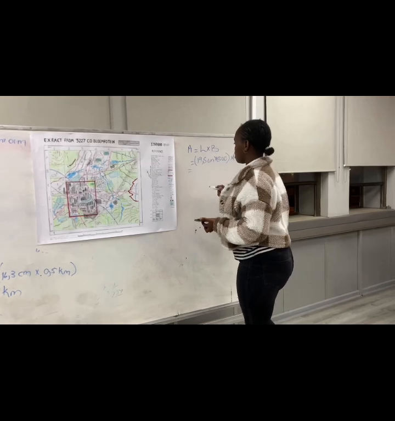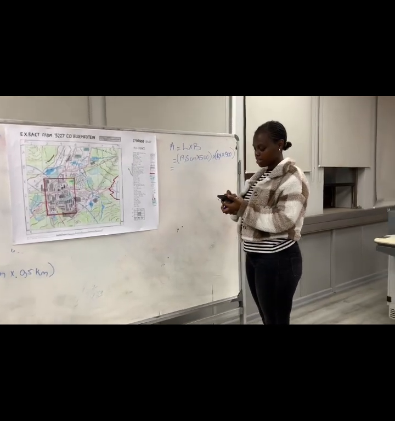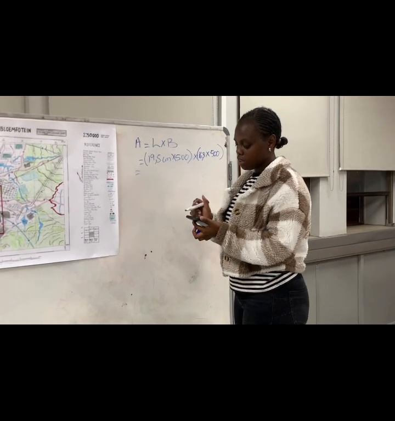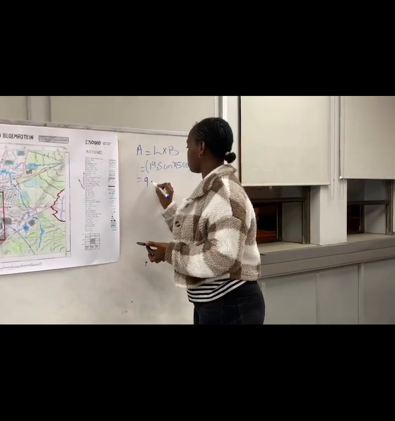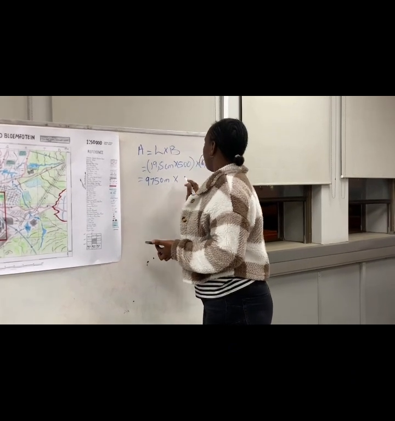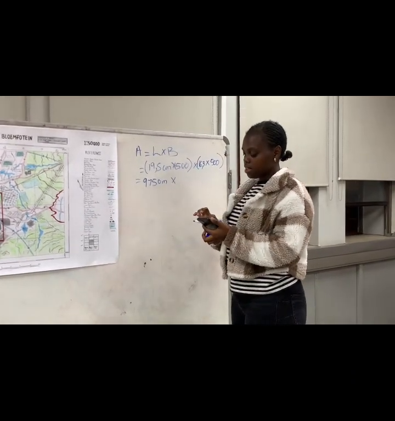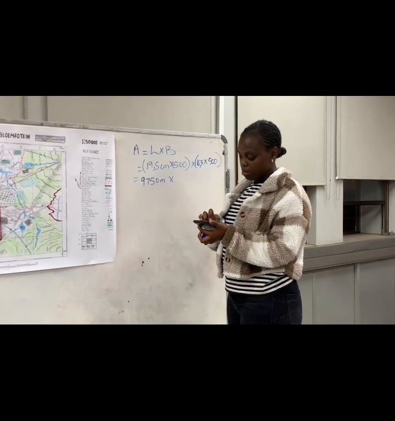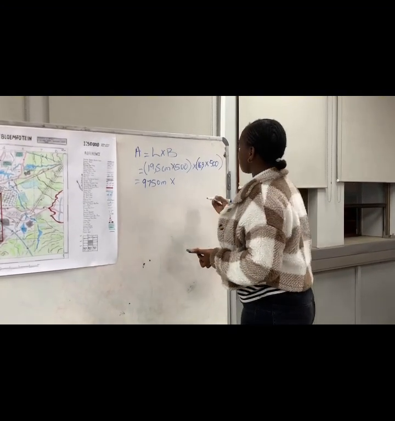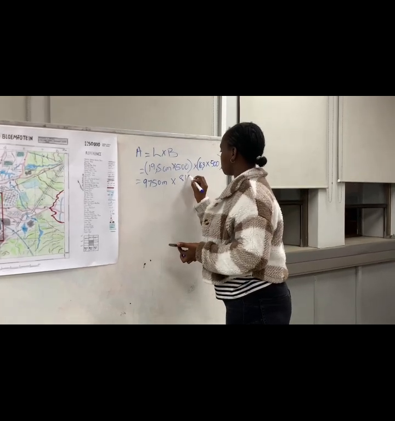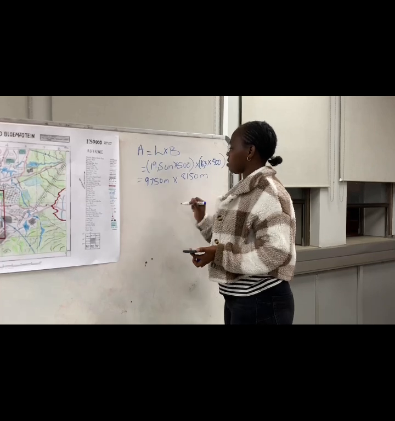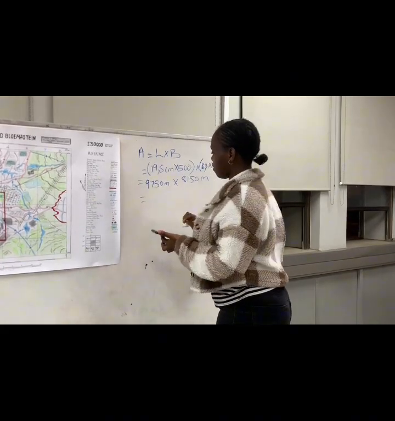Let's see what our answer is. 19.5 multiplied by 500 is 9,750 meters, multiplied by 16.3 multiplied by 500, which is 8,150 meters. Then we multiply both these answers in order to get our final answer.